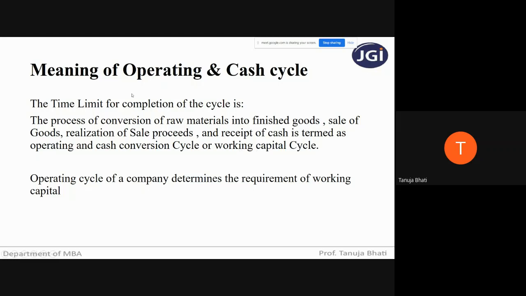So this operating and cash cycle is also called the working capital cycle. The operating cycle of a company determines the requirement of working capital. So this entire cycle will tell you how much working capital is required.